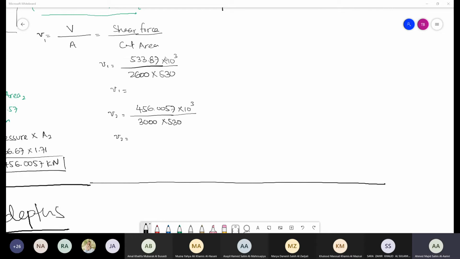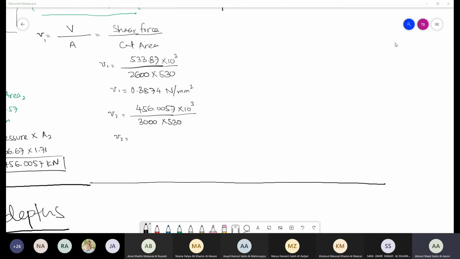So V1 is going to be 533.87 multiplied by 1000 divided by 2600 divided by 530. This will give me 0.387, let's say 0.4 Newton per millimeter square.